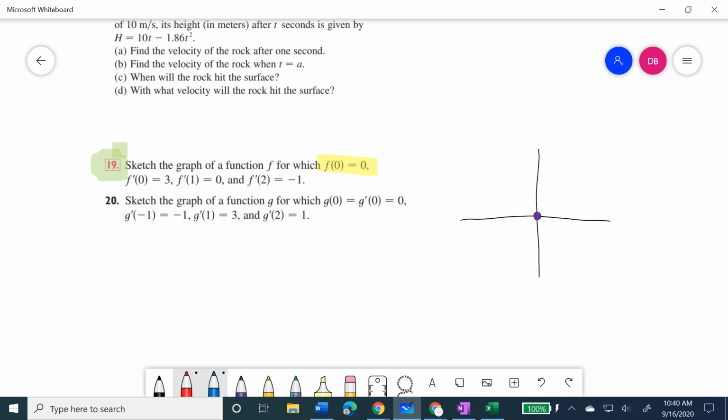F prime of 0 is equal to 3. So this point right here has a tangent line with a slope of 3. I am not going to draw it perfect, but that's a reasonable approximation. Got that done. When x is equal to 1, I'm going to put 1 out here.